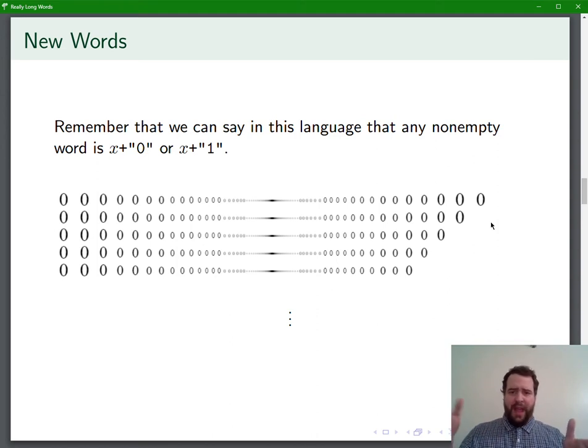And of course, we can also add on zeros onto the end of C as well to produce even longer words. So these are some examples of things that are going to wind up having to be in the non-standard model, and this first element shows us what C looks like.